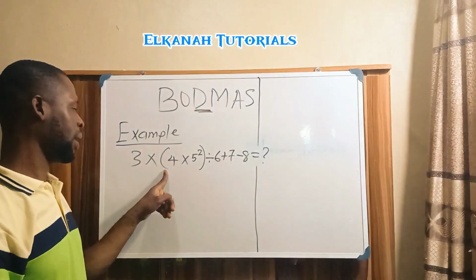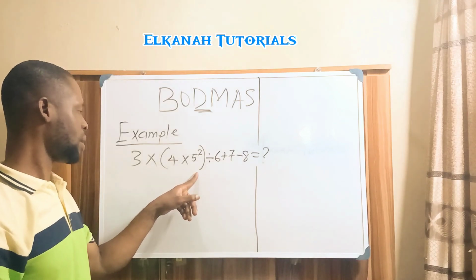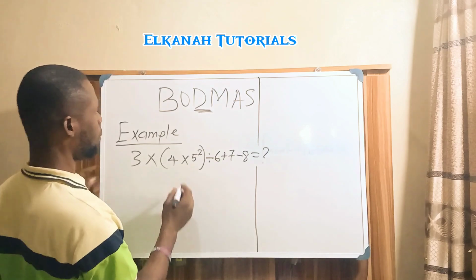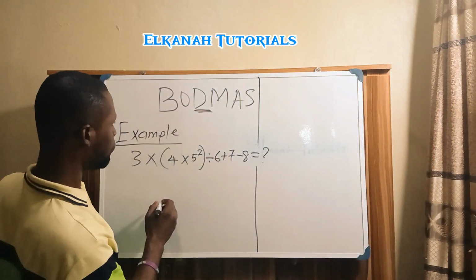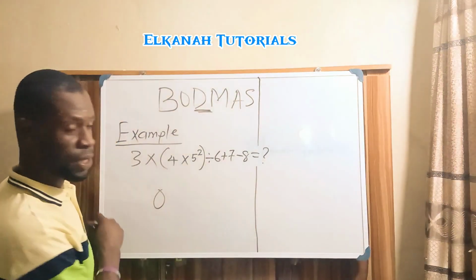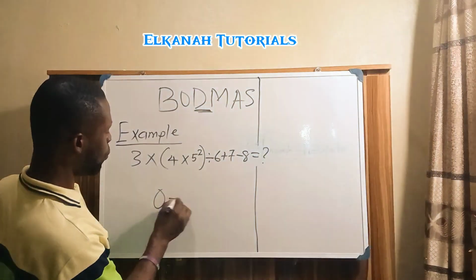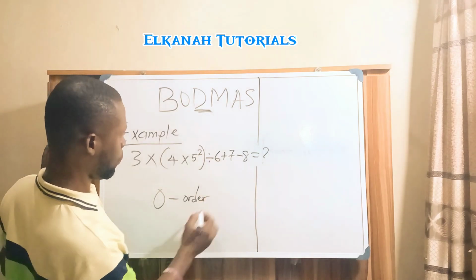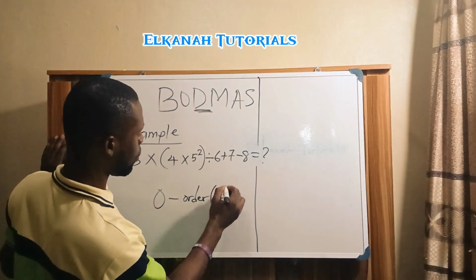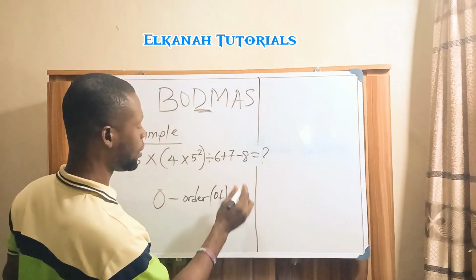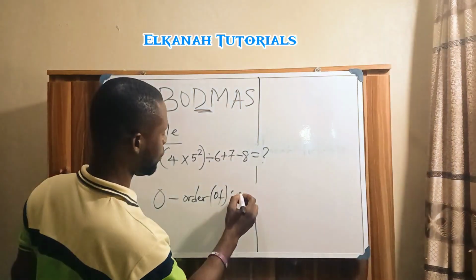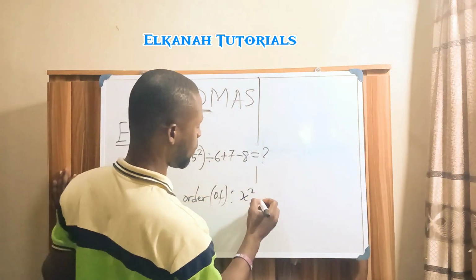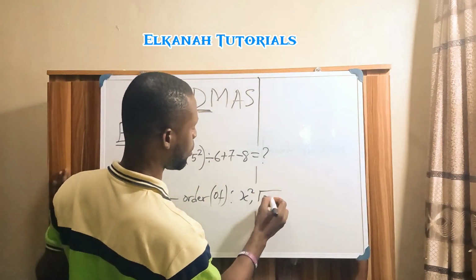We have the bracket open, we have the bracket, we have the off function, which is this. In our previous class, I told us that the O stands for order, which also means of, and it's in this form, x squared, root of x.